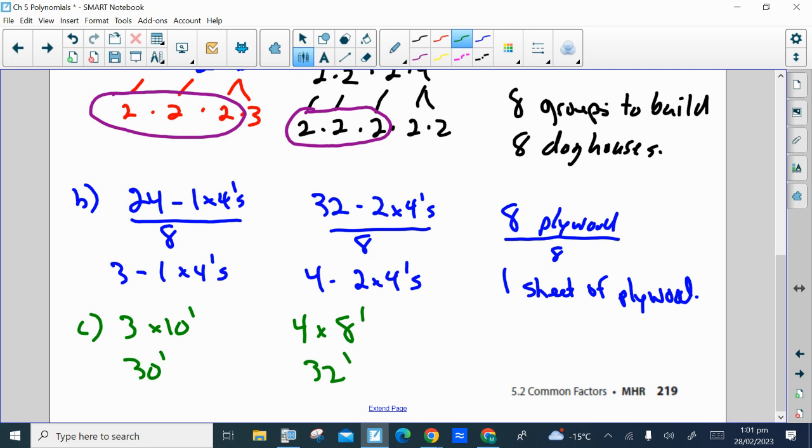They would need to know this because they need to know especially how high the doghouse will be. They will use the 2x4s to build the walls. So they need to know they have a total of 32 feet of 2x4s, and they have to figure out how many it's going to take to build the walls.